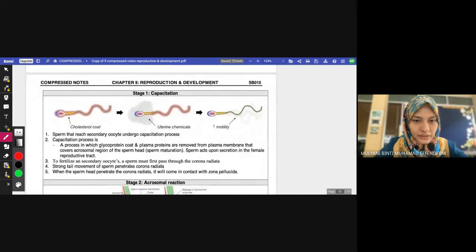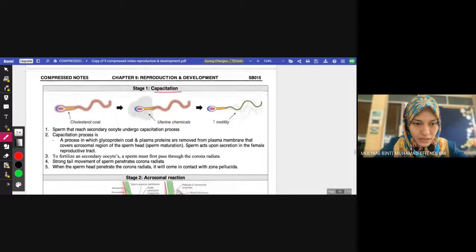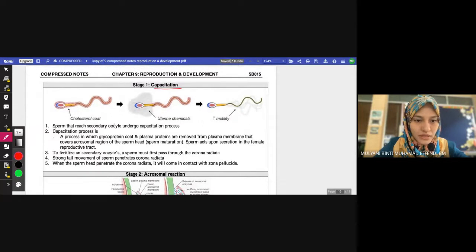So the first stage is capacitation. What happens in capacitation? Sperm that reach the secondary oocyte undergo the capacitation process.